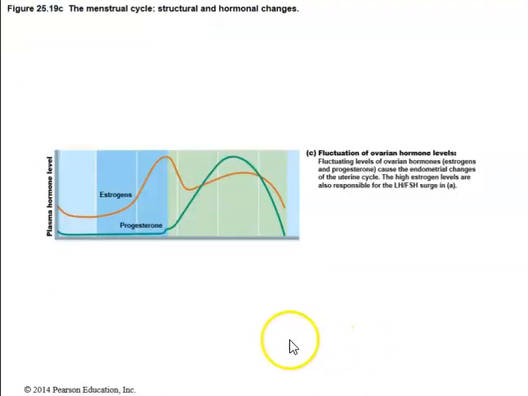So here we see the fluctuation of hormones during the different phases of the menstrual cycle, specifically the uterine cycle.